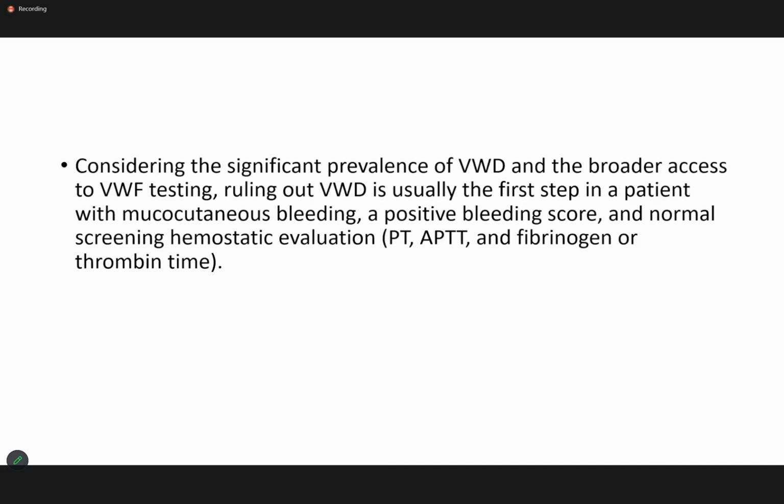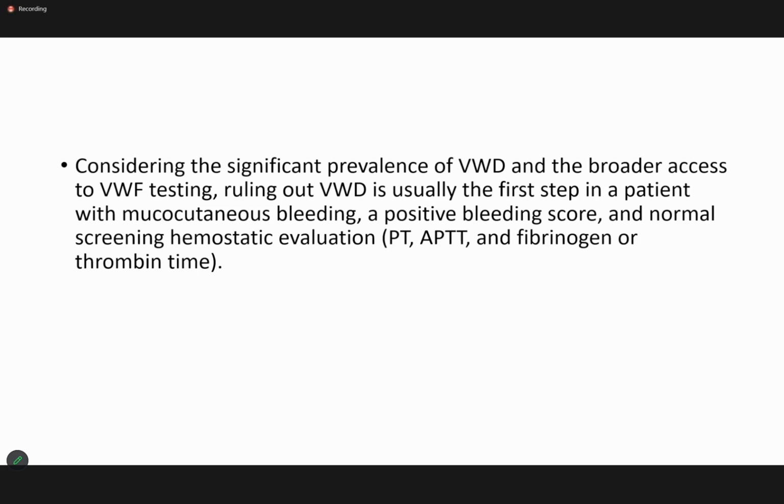Okay, alright. So, as we all know, when we have a patient with mucocutaneous bleeding, we also need to exclude the possibility of von Willebrand disease. The test for von Willebrand function is more accessible compared to other types of investigation.